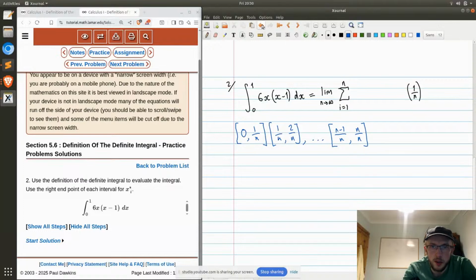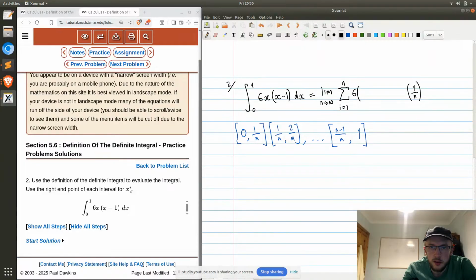Or just simply 1. And the rightmost endpoint is just i over n. So that's what I need to feed into that function there.